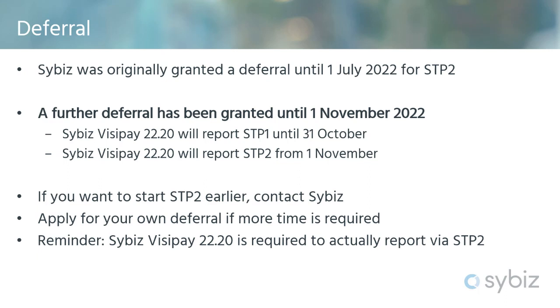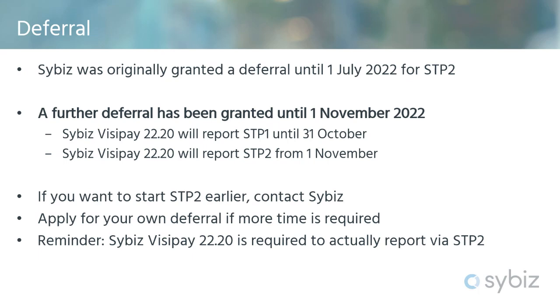So we've minimised but haven't eliminated those potential points of confusion, and we'll talk a little bit about them later on. But certainly it's going to be as close to a seamless experience as we can make it for you. So if you really want to start reporting STP2 earlier, get in contact with us. I did mention that it's hard-coded, but we do have an override.